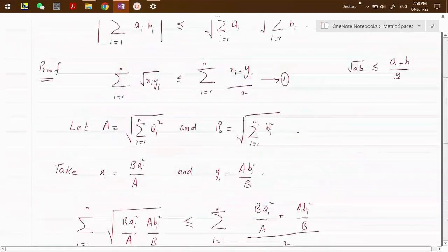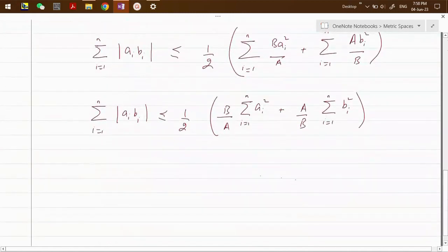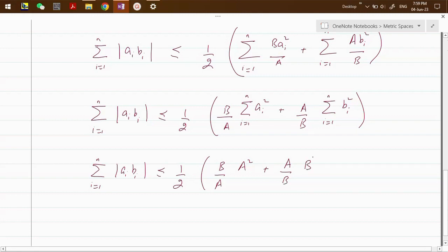Since our a and b are root of summation ai square and root of summation bi square respectively, in this inequality we have summation i from 1 to n mod of ai bi less than or equal to 1 by 2 b over a into a square plus a over b into b square.